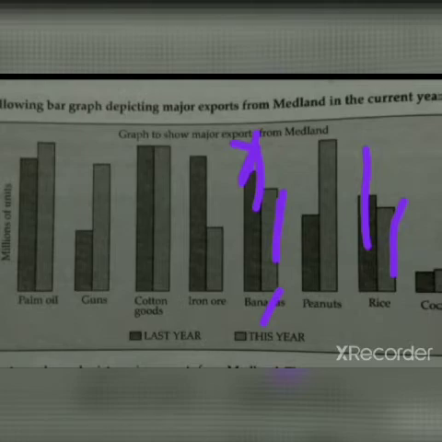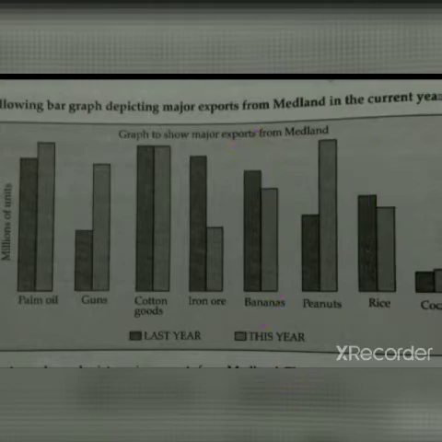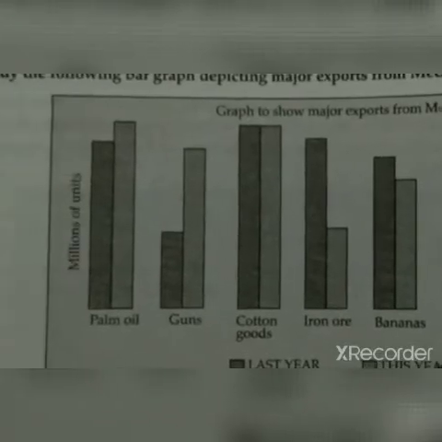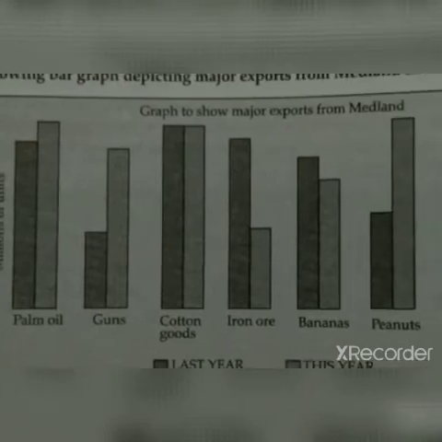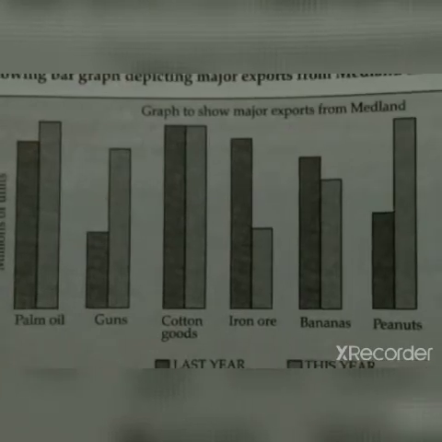On the other hand, the units of palm oil and peanuts exported were much more than last year. By studying the picture, you can see the palm oil and also peanuts. Palm oil this year they exported more, and peanuts also they exported more.